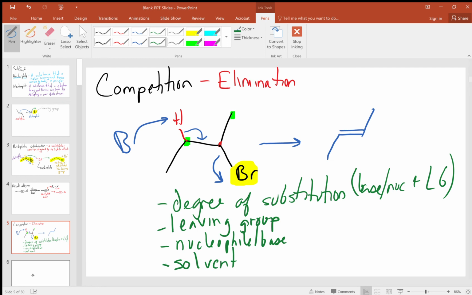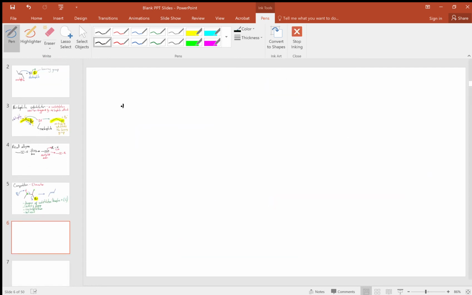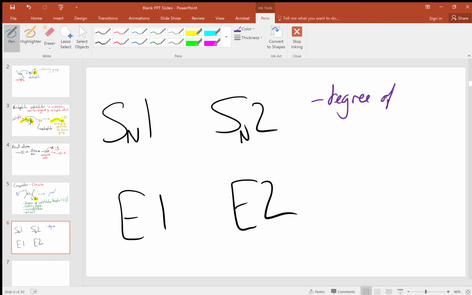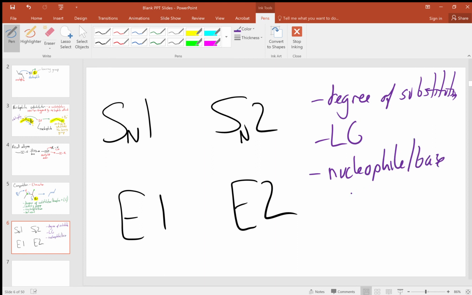So overall, what we're going to end up with are 4 reactions: SN1, SN2, E1, and E2. And what those factors that we just discussed on the previous slide are: degree of substitution, the leaving group, the nucleophile or base, and the solvent.